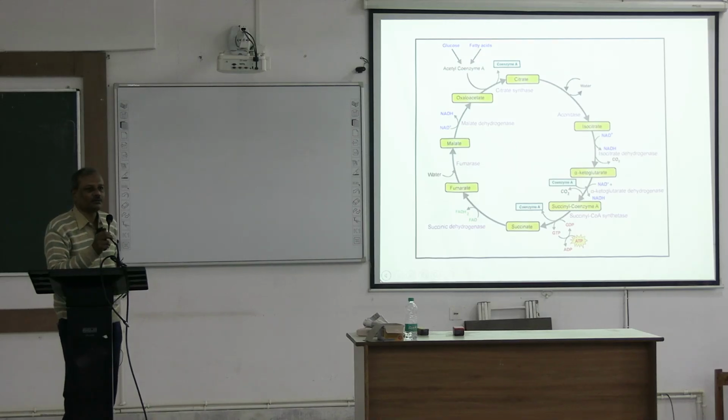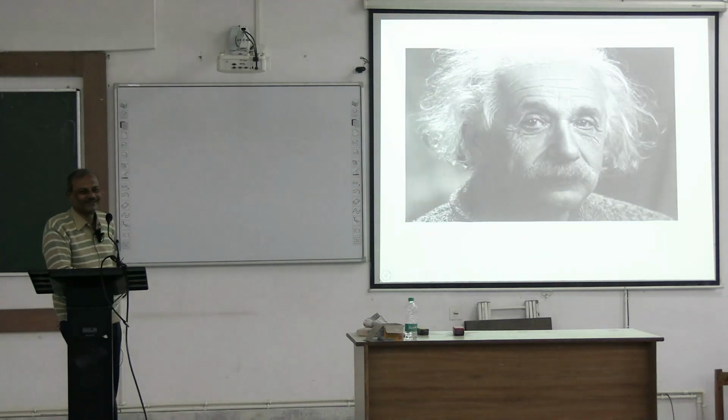So, why is it not called a Krebs circle, but it is called a cycle? It could have been said TCA circle or urea circle. Instead of that, it is called a cycle.